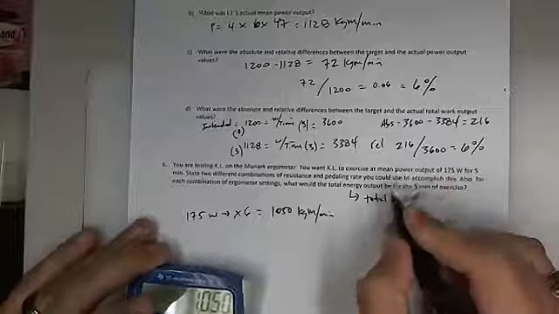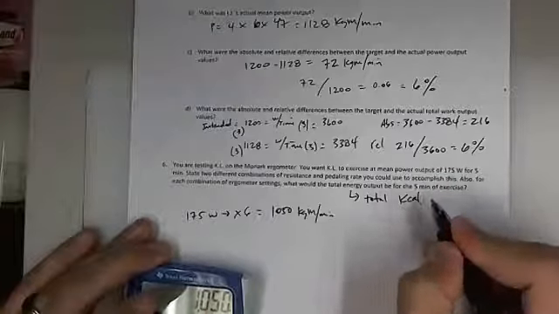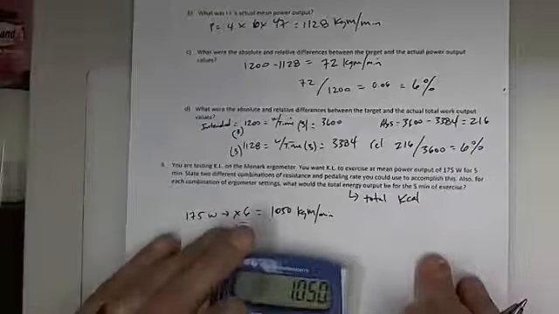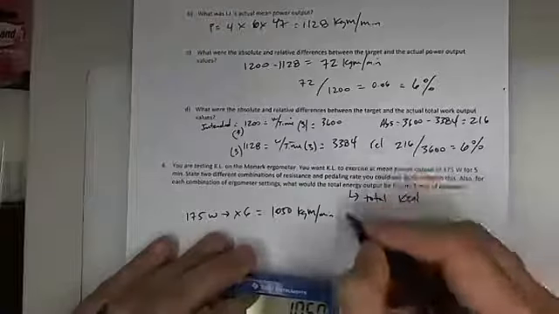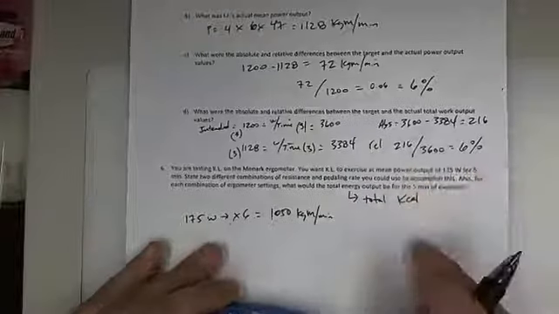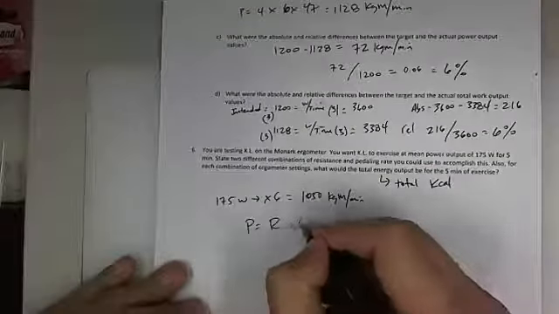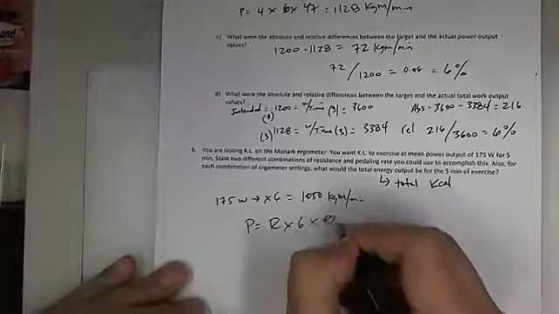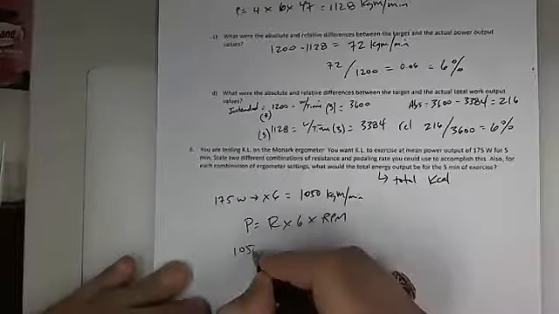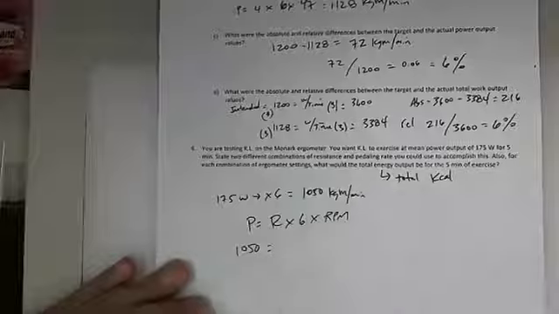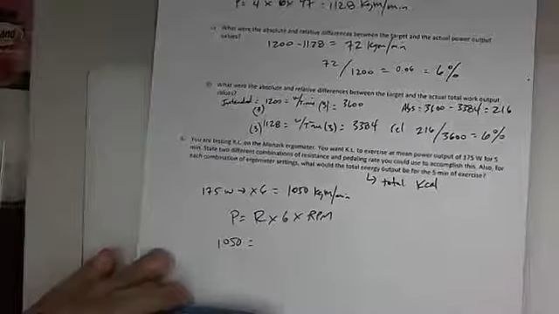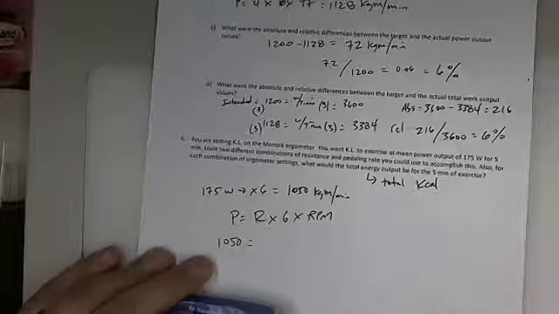Before solving, I'm going to go ahead and multiply this out to get total kilocalories, because the next thing that we'll need to, never mind, I'll come back to that. Okay, so we can plug this into our power equals resistance times 6 times RPM formula. So 1050 equals resistance times 6 times RPM. And again, since I didn't give you either one of them, we just need to find the numbers that will make this work.